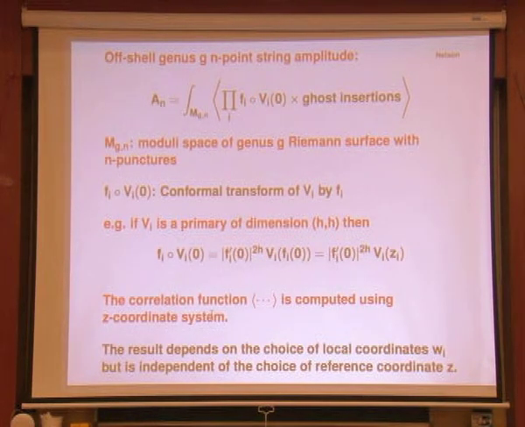There is no constraint that they have to satisfy, like being primary or dimension 0, etc. We transform these vertex operators by this conformal transformation f_i, the local coordinate system that we have chosen. We take the product of all such vertex operators, n of them, multiply by appropriate ghost insertions, and take the correlation function on this Riemann surface.